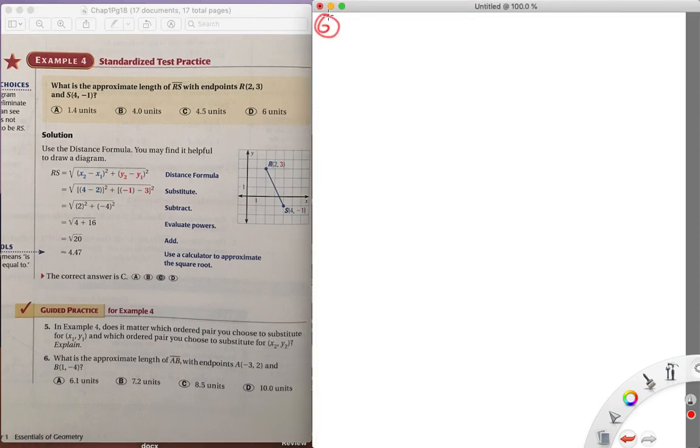So for the first part, we have our distance formula, which is distance equals x2 minus x1 squared plus y2 minus y1 squared, and the whole thing is square rooted.